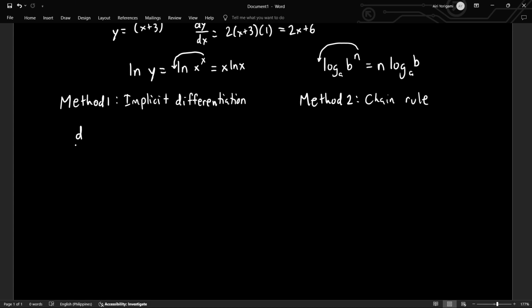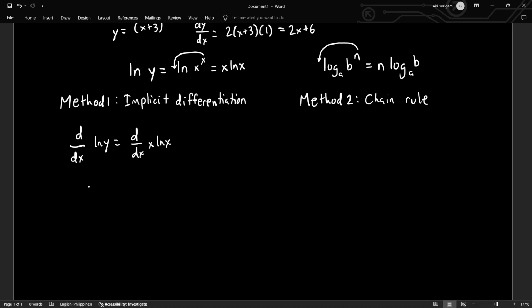Let's differentiate both sides. d over dx of ln y equals d over dx of x ln x. Since y is a function of x, let's use chain rule here.